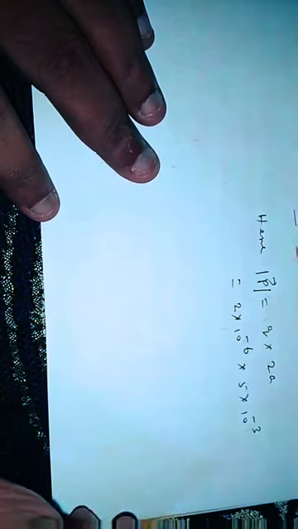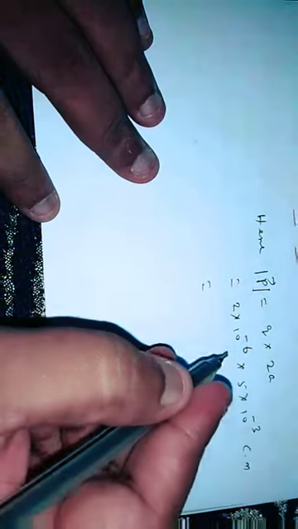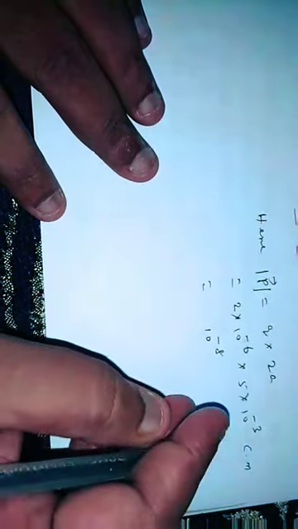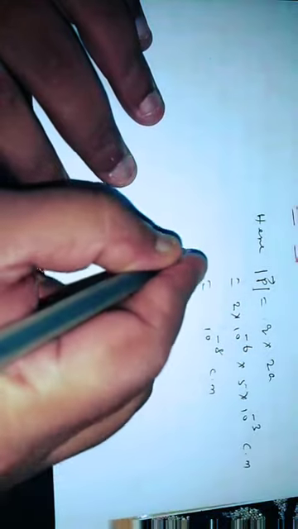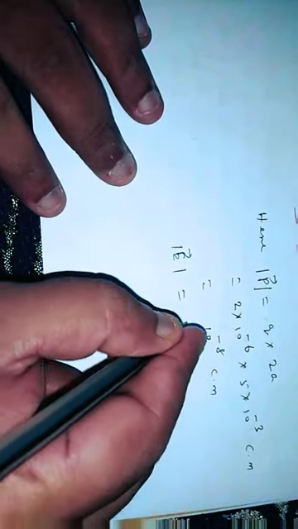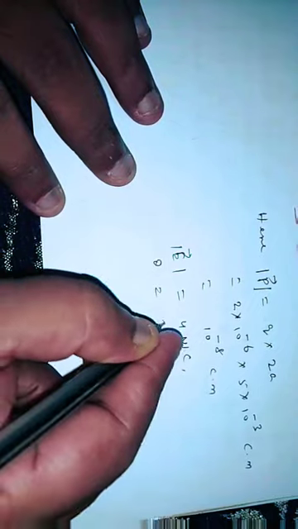Okay, so 5 millimeter or 5 into 10 to the minus 3 meter. This is equal to 10 to the power minus 8 coulomb into meter. The value of E, electric field intensity E, equal to 4 Newton per coulomb, and theta is given as 30 degree.